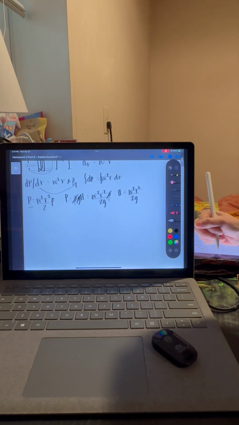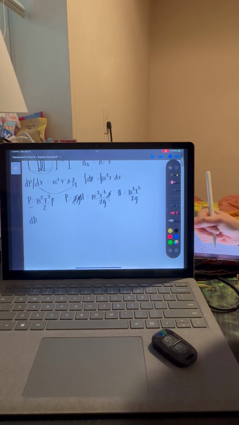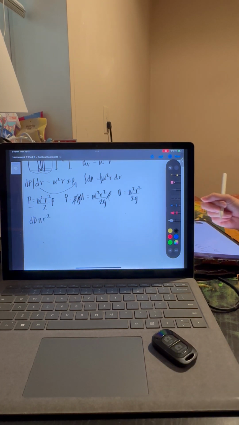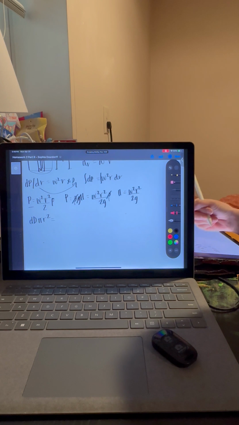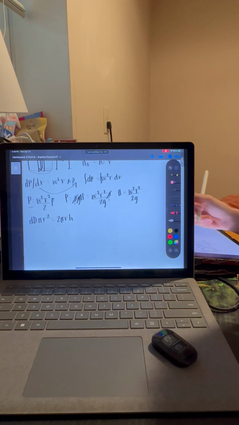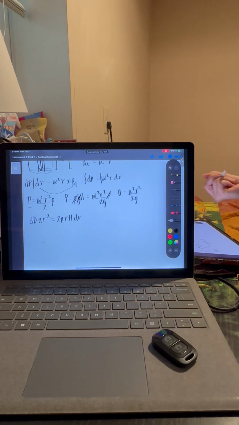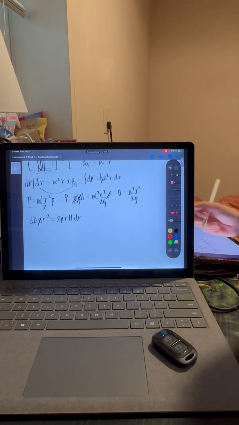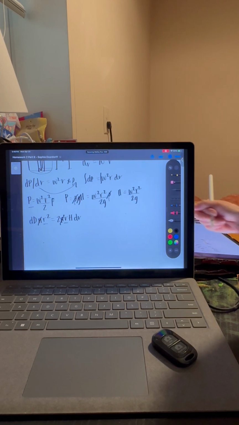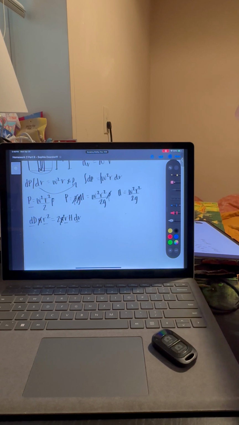Now to find our changing diameter, we multiply by the cross-sectional area, pi r squared, which is equal to the cross-sectional area with respect to r. We can cancel these because they're constants, but we have to leave these because of our different integrations.